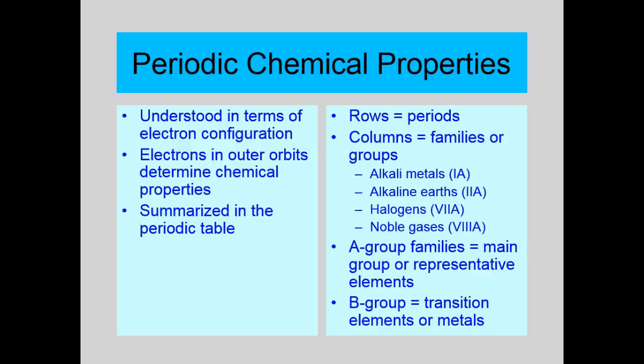Okay? So, now the B group, those are the transition elements or metals, and those are your D electrons. A lot of those are free electrons. They travel in packs. They're clouds of electrons.